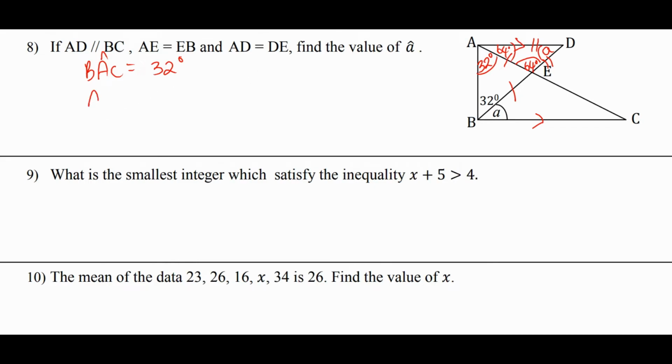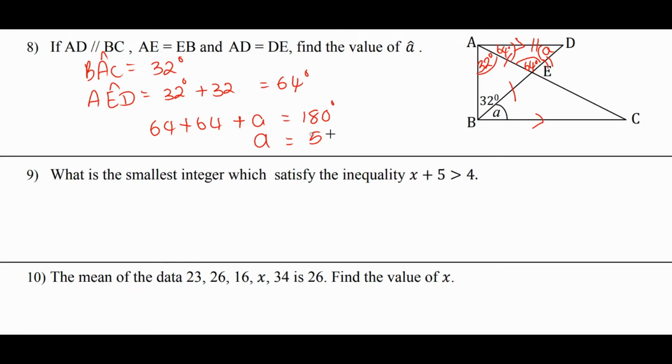Then the angle AED is equal to 32 plus 32, which equals 64. Then according to the triangle ADE, 64 plus 64 plus angle A should equal 180. Solving this, you get angle A is equal to 52 degrees.